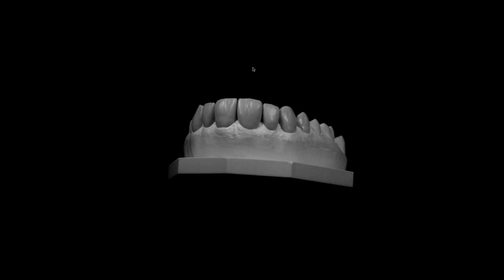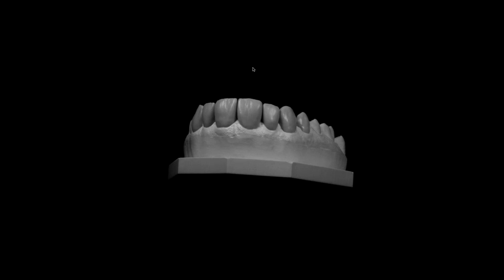You can see the small texture, but very important is to focus that every tooth looks separate from each other. So don't try to do it like in one block.